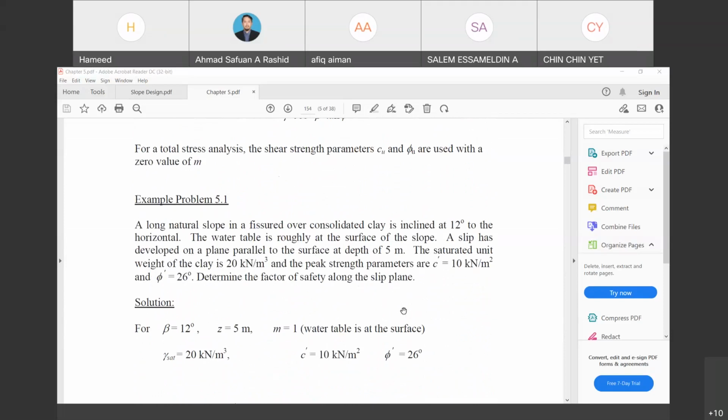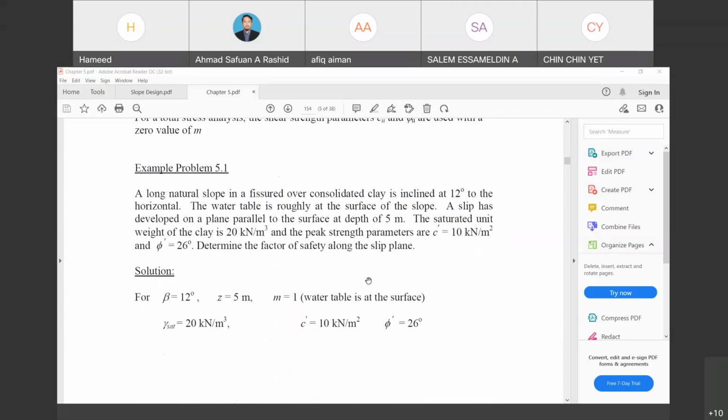Which is related to the M approach. So for the first one, example problem number 5.1. A long natural slope in a fissure of a consolidated clay is inclined at 12 degrees to the horizontal.